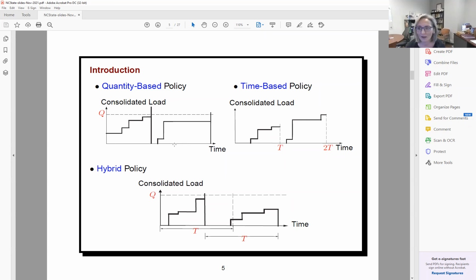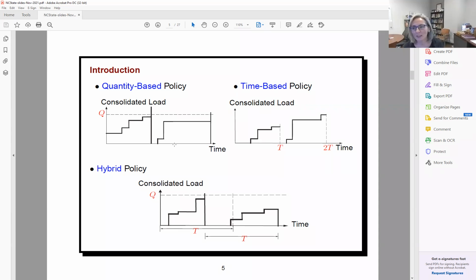So the main advantage of a quantity-based policy is that you can achieve scale economies by choosing your quantity threshold carefully. However, you may or may not be able to achieve timely delivery expectations, because you may keep delaying the delivery of the load in order to realize the threshold.